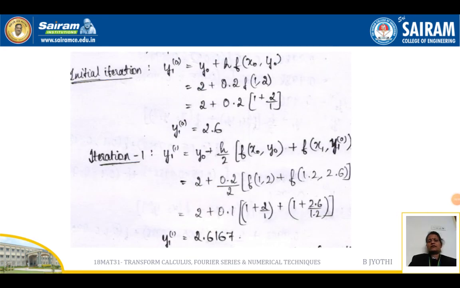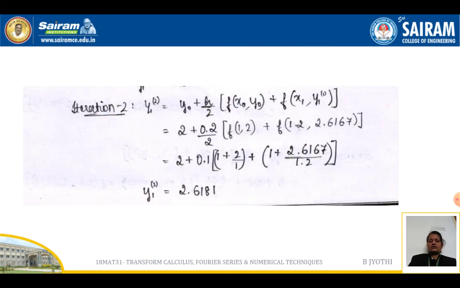Next, in the initial iteration, Euler's formula y0 plus h times f of x0 y0, if we apply, we are getting 2.6. Next, the modified Euler's formula which gives us y1 of 1 is y0 plus h by 2 into f of x0 y0 plus f of x1 y1 of 0, which on simplification we get 2.6167.